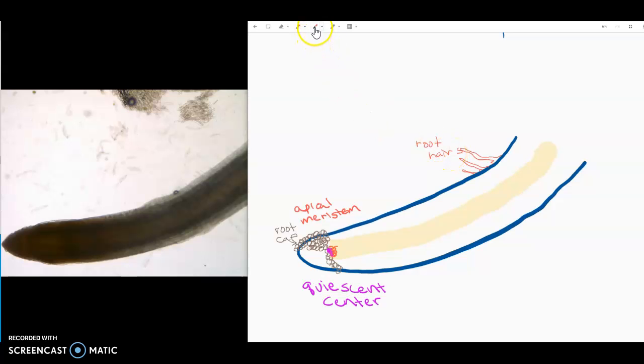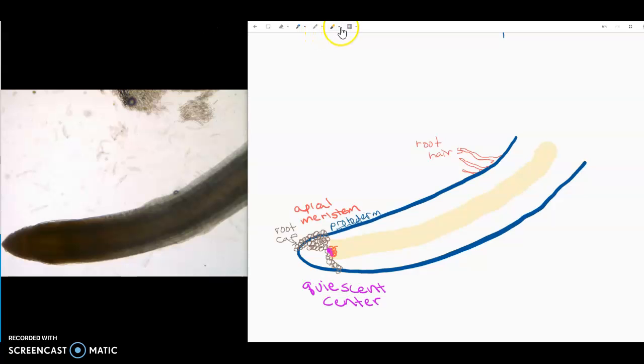Okay, so right next to the apical meristem, that is our protoderm that surrounds the tissue. Okay, the outside layer is the protoderm.